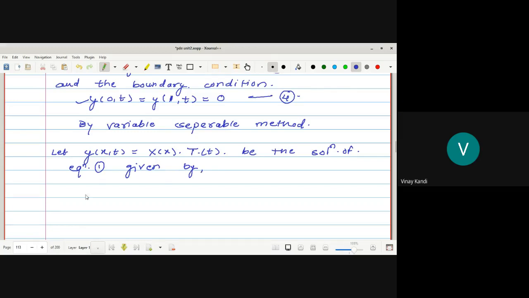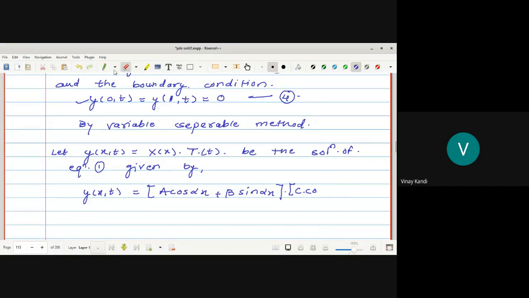In the previous semester, the values of X(x) and T(t) were like this: y(x, t) equals (a cos alpha x plus b sin alpha x) into the T(t) value, which is (c cos alpha c t plus d sin alpha c t). Wait a minute, sorry.